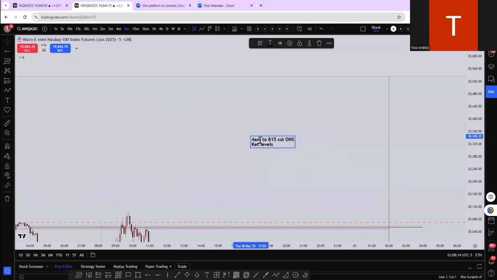Key levels inside and around it are the open, so 4 a.m., the close, 8:15, 8 a.m., and 2 a.m. Those are our higher time frame hourly starts.